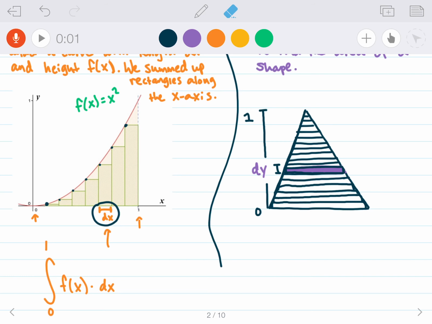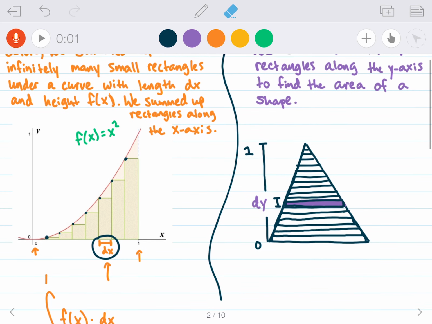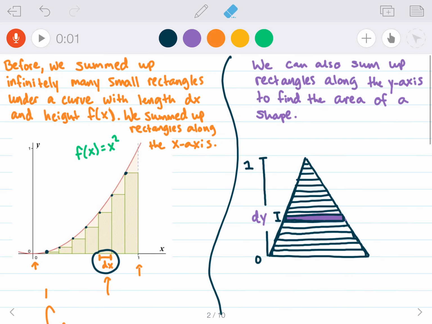But we can easily integrate with respect to y. So let's look at this shape on the right. Here we have another shape. It's not really a curve, but maybe it's three curves that are bounded by each other. Anyway, what I'm trying to say is that we can also sum up the areas of rectangles along the y-axis.